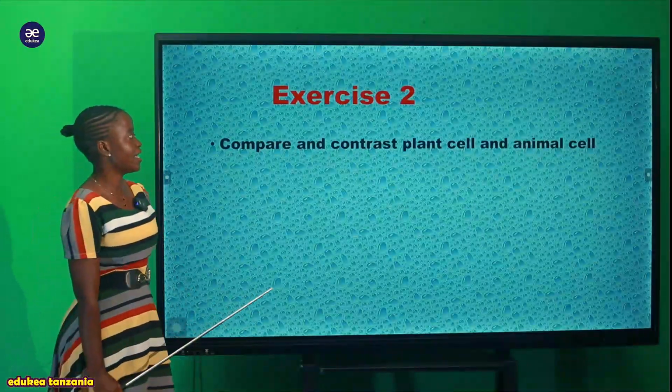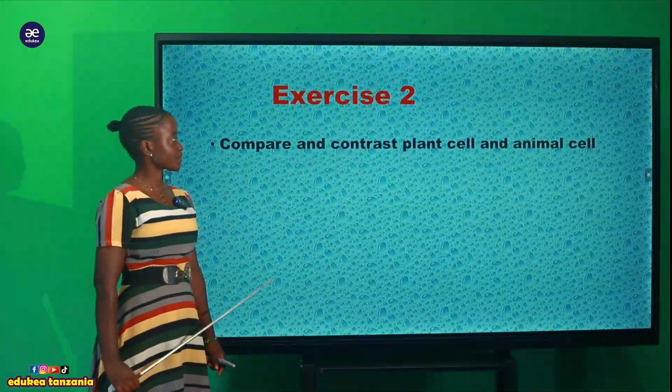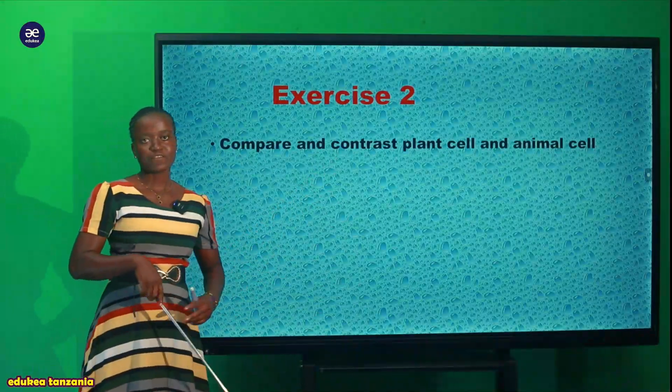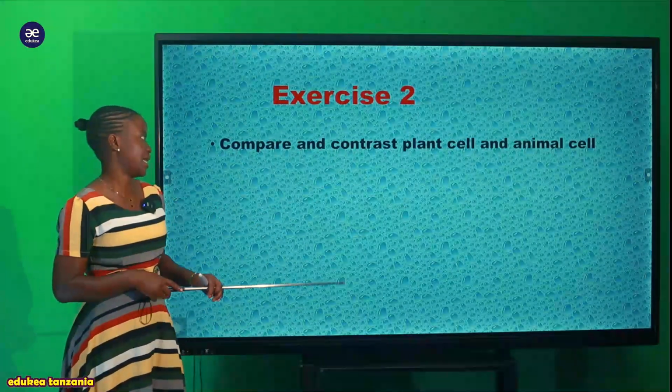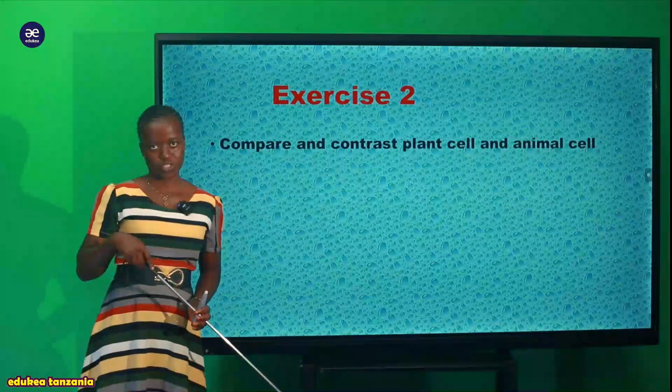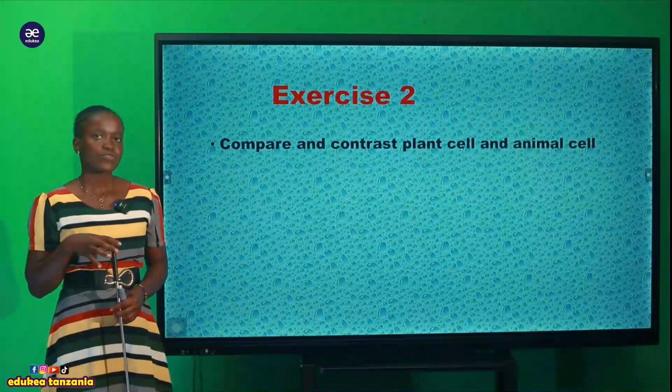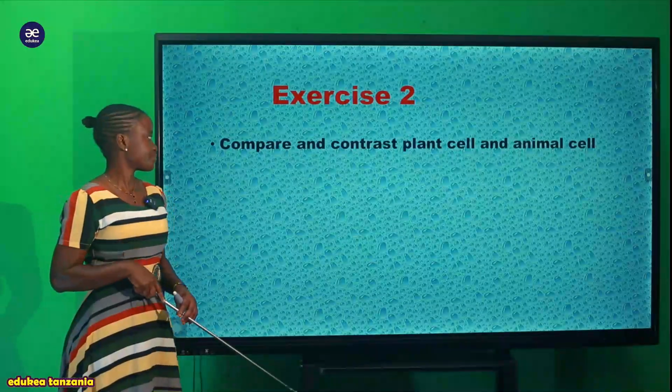So your role here is just to compare. Unaringanisha pia the contrast, kivipi inatofautiana na plant cell na animal cell. So you have to perform this question with your neighbor.